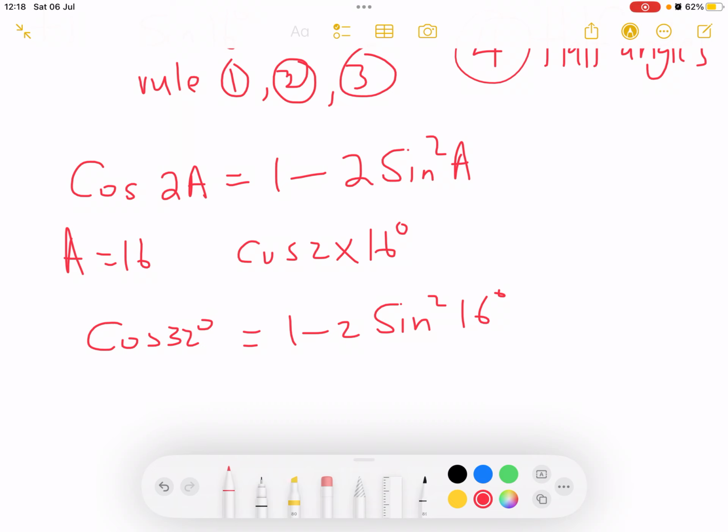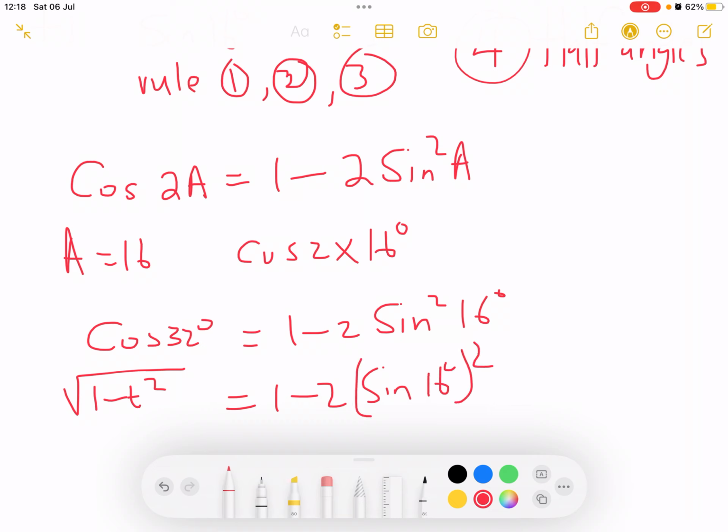Then now we solve for sine 16. We know cos 32 is the square root of 1 minus t squared, which is equal to 1 minus 2 sine 16 degrees squared.